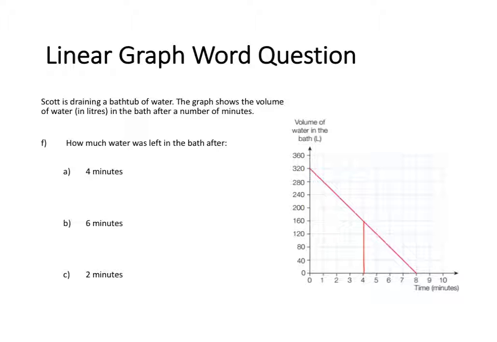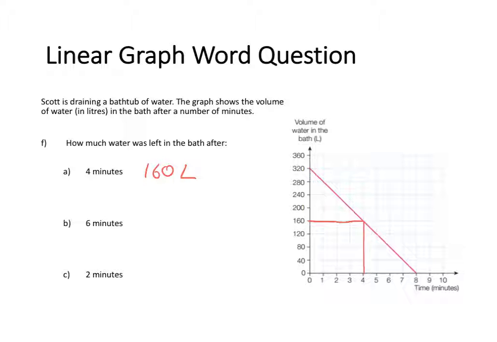And then from that point, draw a line back out to my y-axis. That gives me a value along my y-axis of 160. So I know that after 4 minutes, there are 160 litres of water left in the bath.